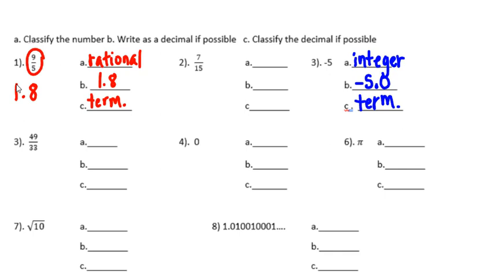Is it rational? I know it's rational because it was a fraction to start with. But how else do I know it is rational? Well, let's write rational here, and then let's talk about the decimal expansion.